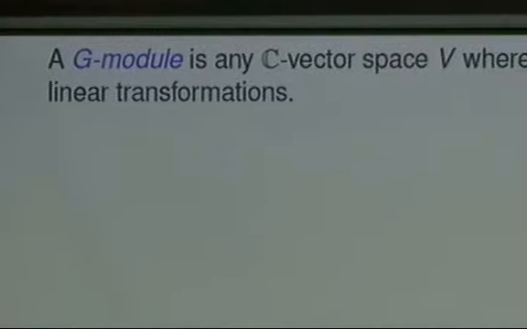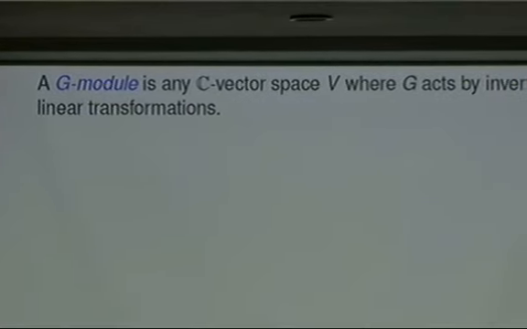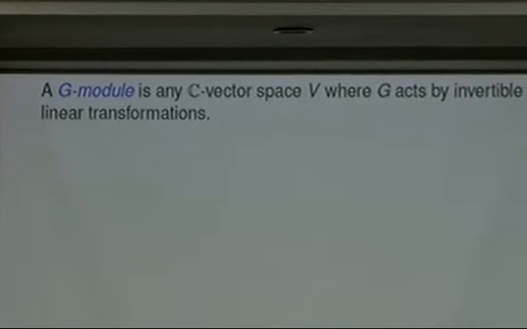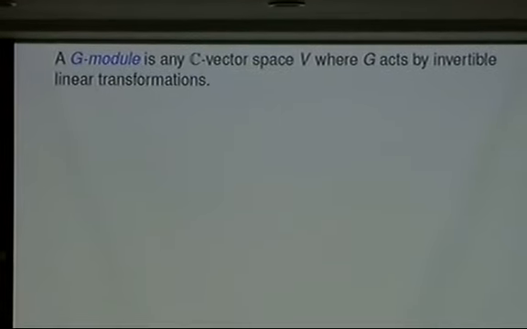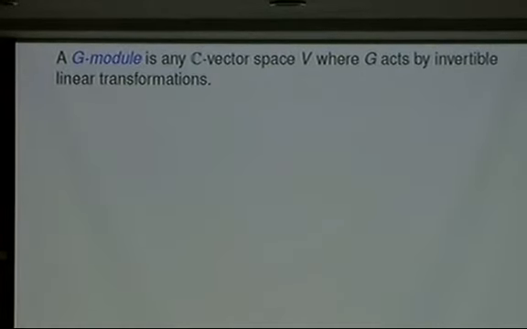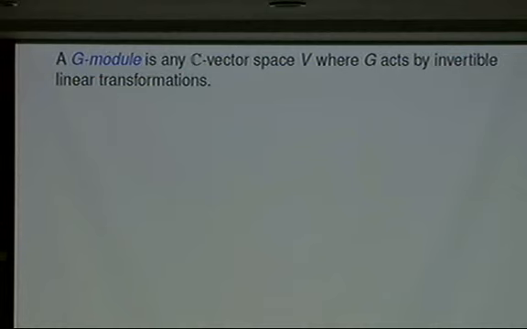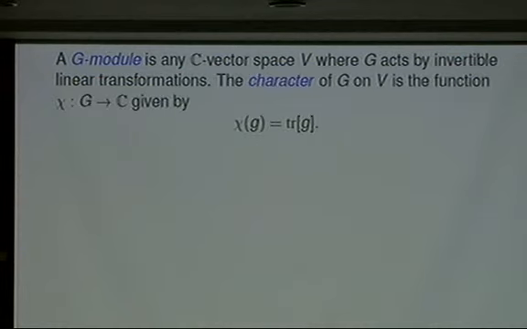So we're going to have to be a little bit more general than these permutation spaces that we were just talking about. So a G module is just any vector space over C where G acts by invertible linear transformations. So now we just have a general place, and as long as we have an action of G, and the action is by invertible linear transformations, that's called a module for the action of G. And one of the most important things for us is going to be the character of this action.